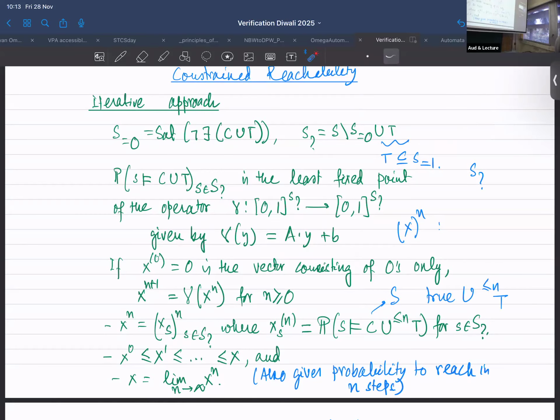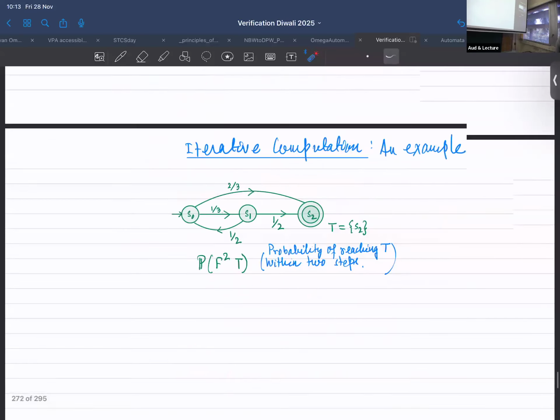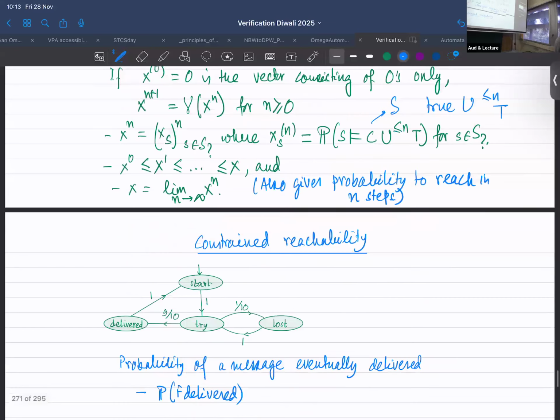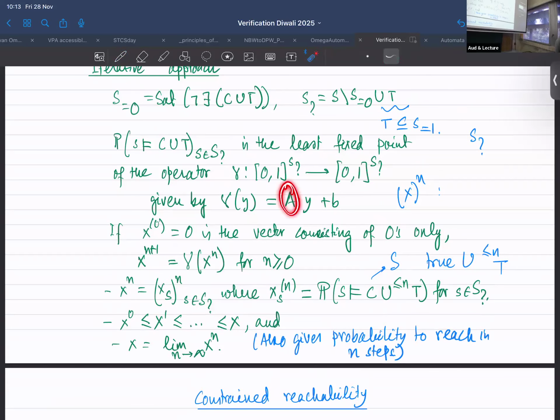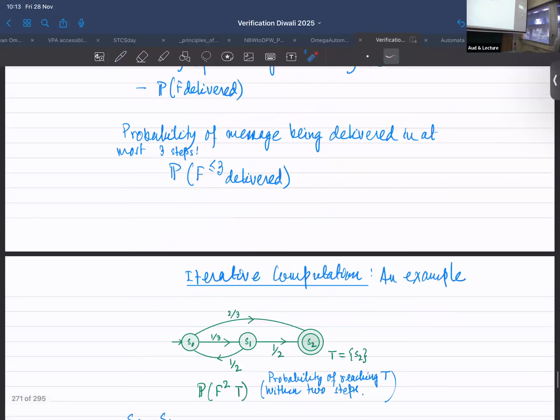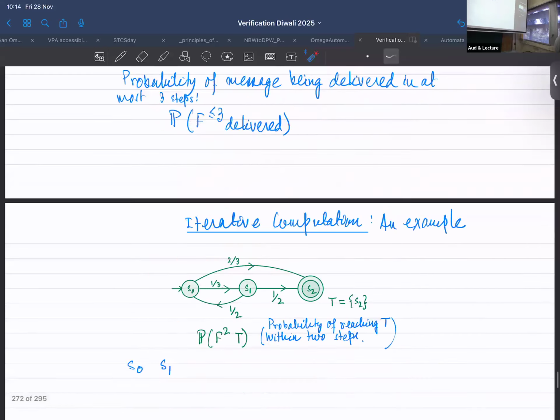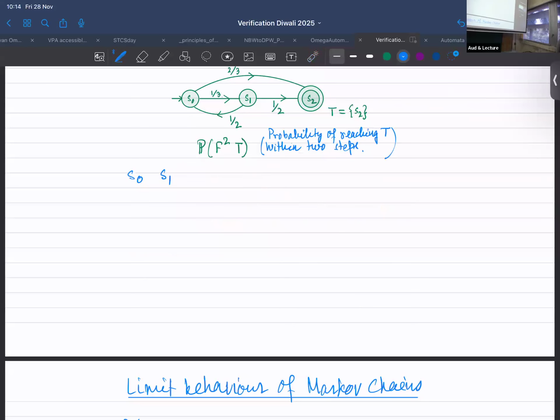So I'll start with S0 and S1, and then I have to set up my equation, this A and the B. Then I'm trying to compute these x's. Initially I can have xS0, xS1, and then the 0.